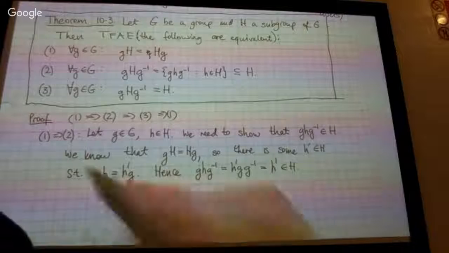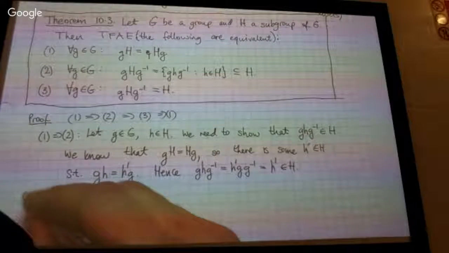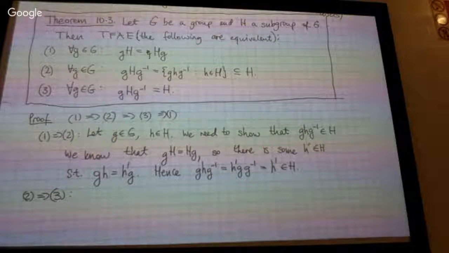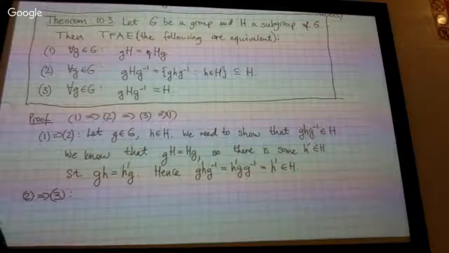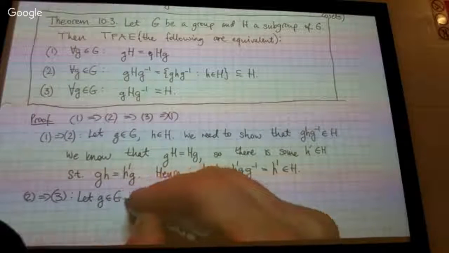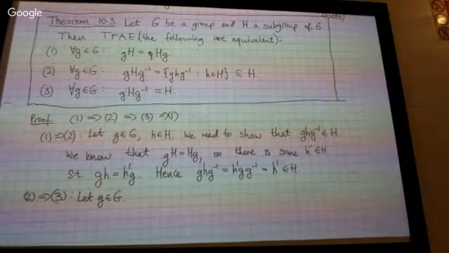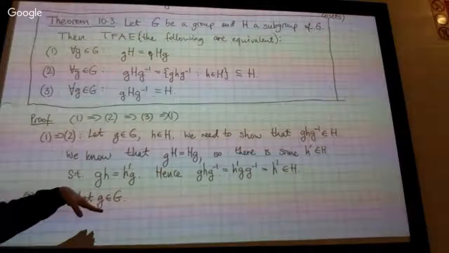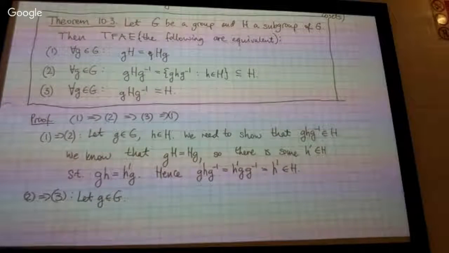Okay. Next, 2 implies 3. So again, we have G. We're trying to prove that 3 is true for any G, so we fix one, but arbitrary.